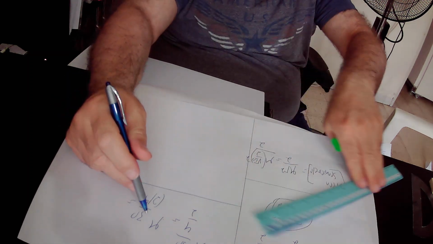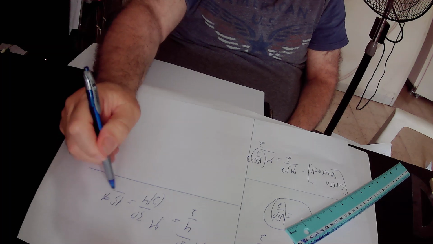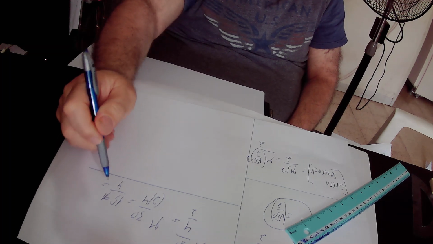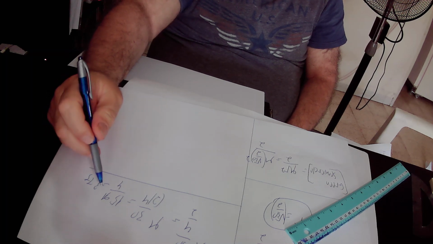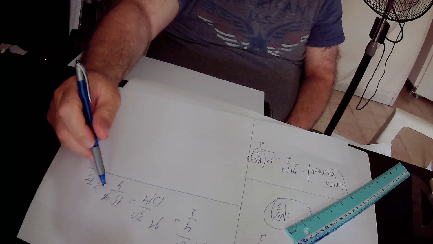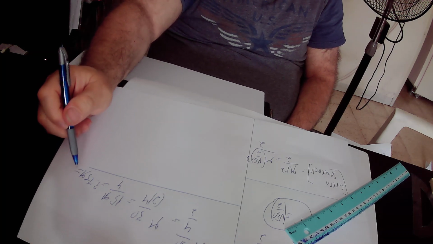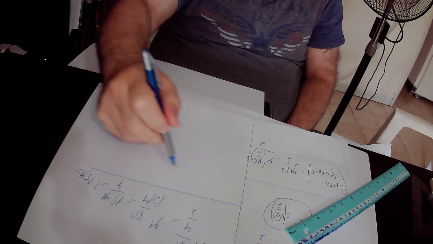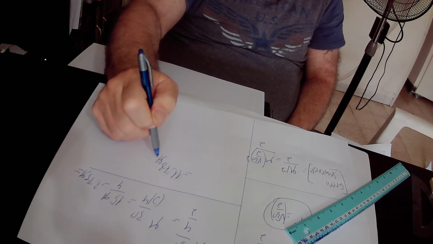Therefore, in total, this expression will be equal to 15 pi over 4 square units. 15 over 4 is 3.75. So in total, this expression equals 3.75 pi square units. Or in terms of numbers, it equals 11.78 square units.